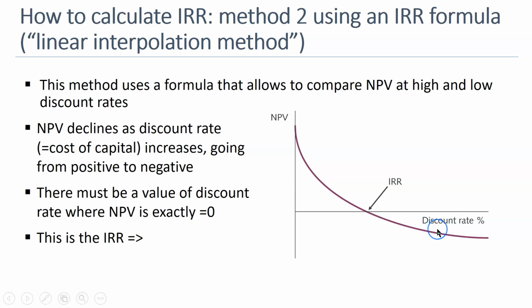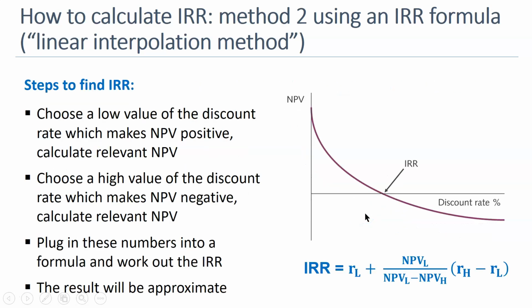And internal rate of return, by definition, is the discount rate which makes net present value equal to 0. In other words, it's the point where the net present value line turns from positive to negative. So this is our internal rate of return.